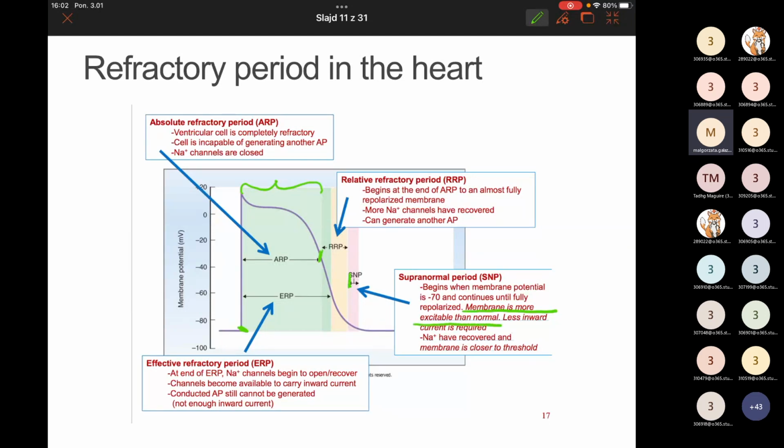So basically, during the supranormal period, it is easier to generate a second action potential compared to the resting membrane potential.